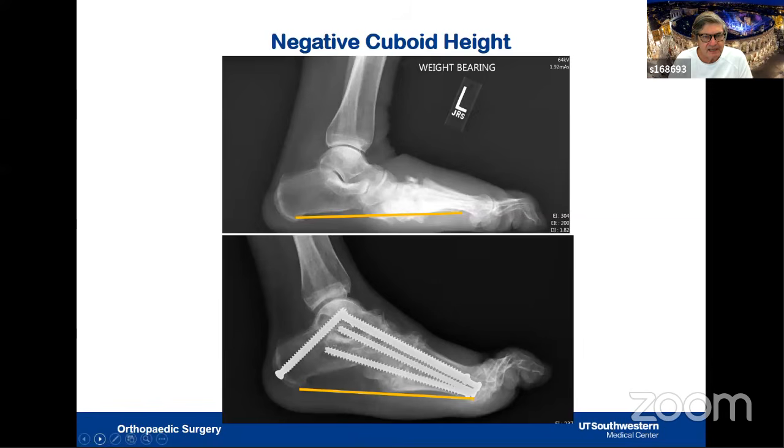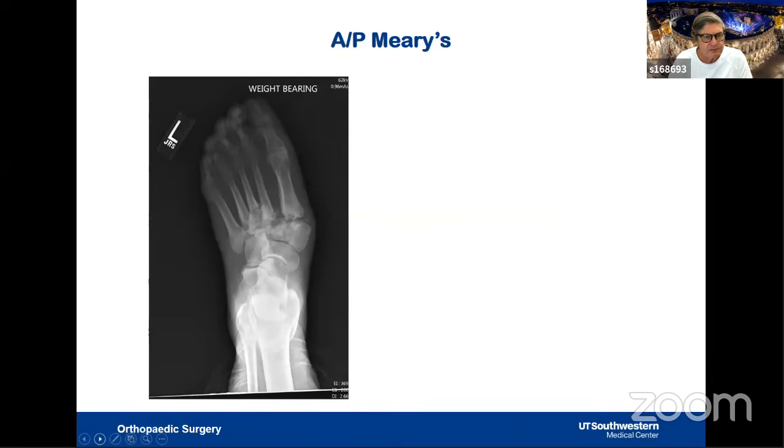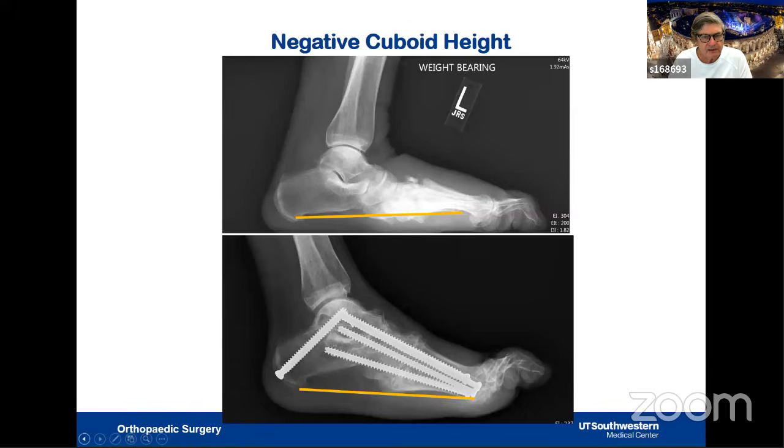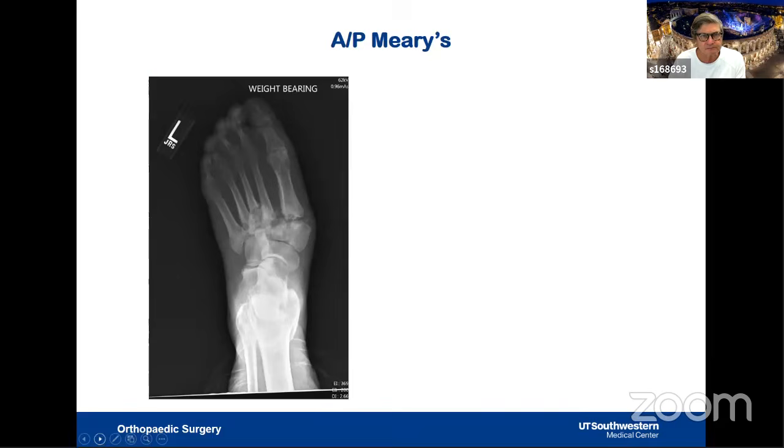And again, this is an example of that particular patient. You can see we've restored that negative cuboid height. And so now we don't have any bone below the weight-bearing surface. And hopefully with time, that will not result in any ulceration. Again, those are my opinions, looking at my own personal series. Ultimately, we hope to show that this is true through studies.